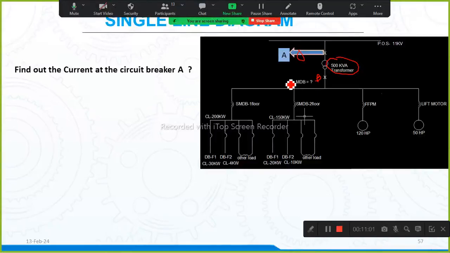Tell me what is the current at point A and what is the current at point B. Yes, I want the current at point A and point B.